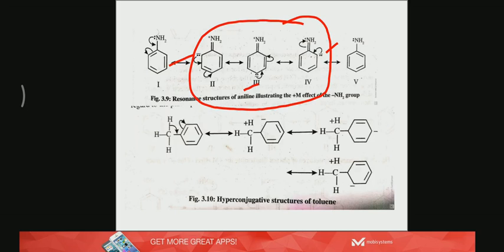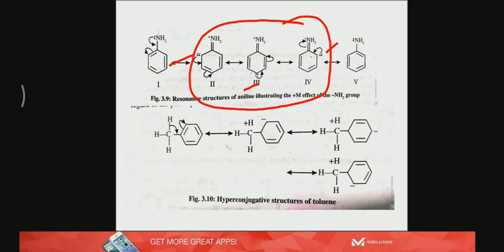In that case, you get the 2,4,6 trisubstituted product. That happens in the case of aniline, phenol, etc. and similar substituted compounds. But if the group is only moderately or weakly activating, then you will get the ortho product as well as the para product. A mixture of the two products will be obtained.